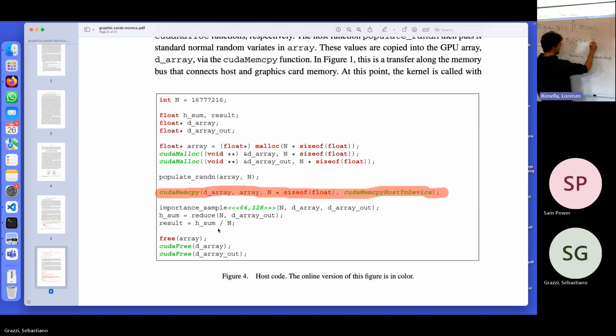I think in this paper they fix it to be pi, and then they use i over m to the square. So when i is equal to m, then you have pi, and when i is equal to 0 or 1, it's almost a flat density. So it's a worse and worse approximation of pi.